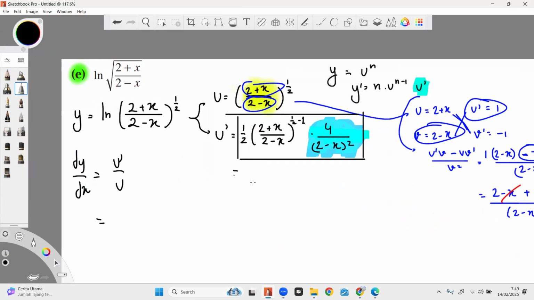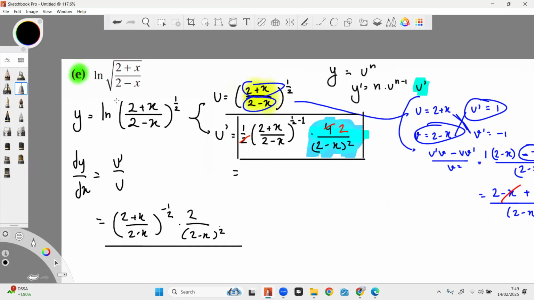You can simplify it first. You can cross this out, it becomes 2, right? And then, just put (2 plus x) over (2 minus x) to the power negative half times 2 over (2 minus x) squared, over the u.